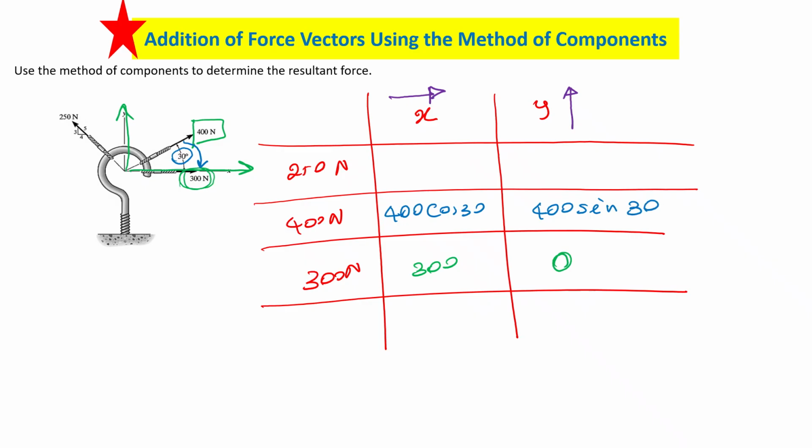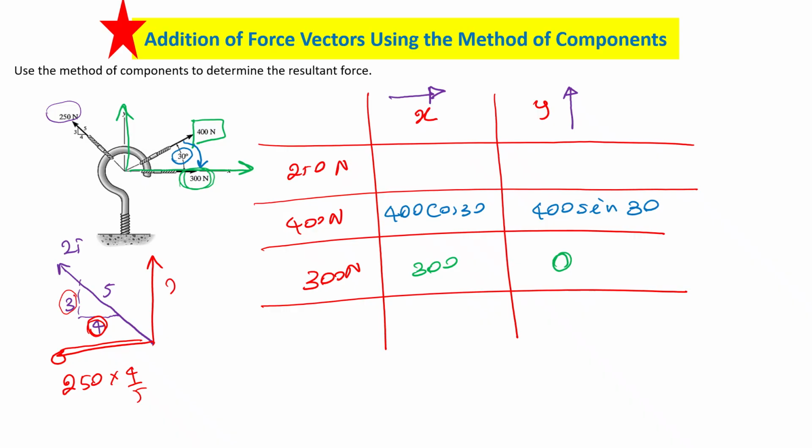How do we do this one? 250. So it's like this. 250, and they have given you this. This is 4, this is 3, this is 5. Now how do you do this? If you consider this direction, you have 4. So this one will be 250 times 4 by 5. And if you consider the vertical direction, you have the 3 here.